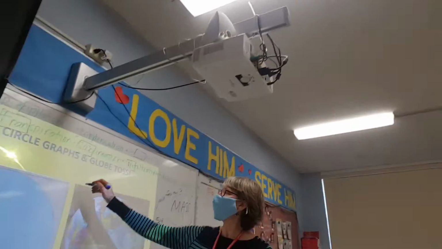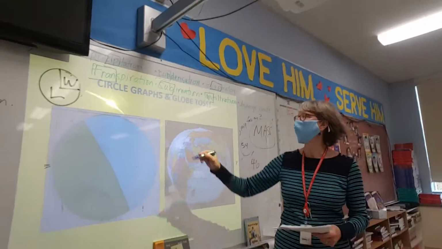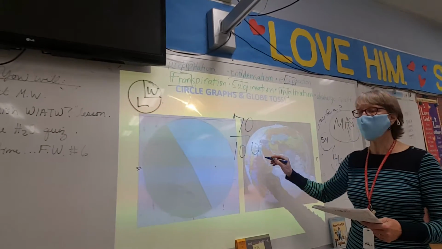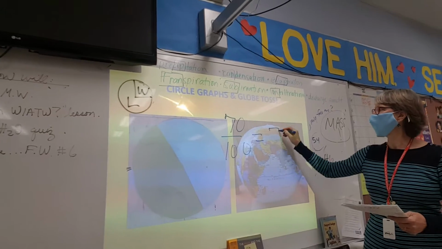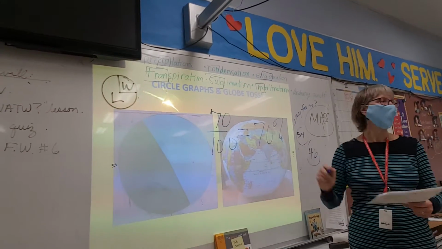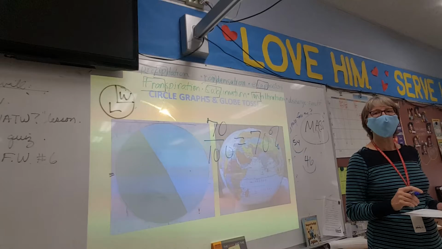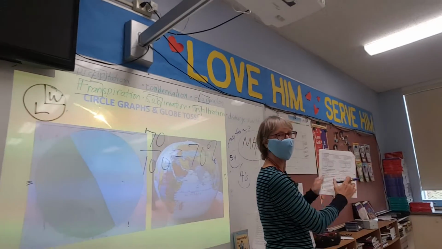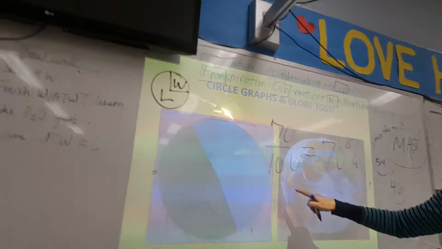So write this in the next part where it says calculation. If it's 70 out of 100, that is equal to 70% of the Earth's surface is covered in water. Right here in this section, which is calculate the percentage.